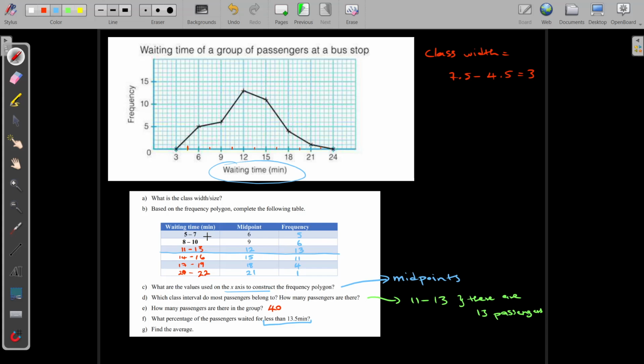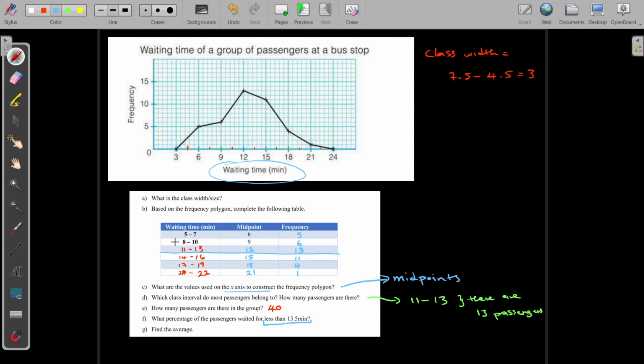Sure, but wouldn't it also be the lower class boundary for the next one? But it says less than. So even if 13.5 would start here, we're looking at where it's less than 13.5. Oh, I hear you.